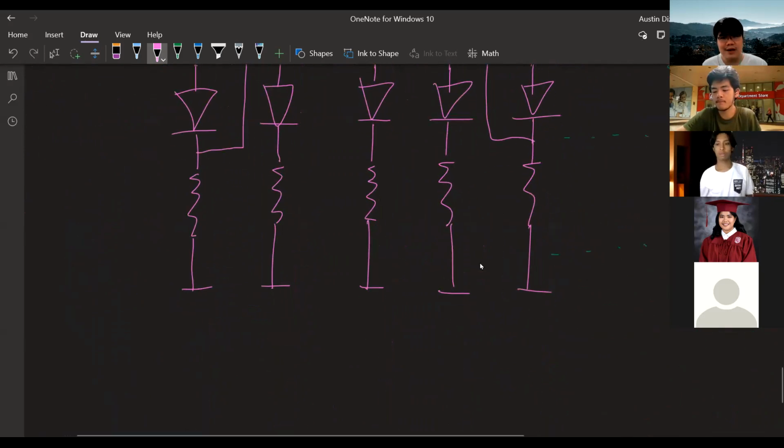Okay. So now, sige, chat kayo. Anong gusto nyong malaman na configuration? Buhayin ulit natin yung Arduino.